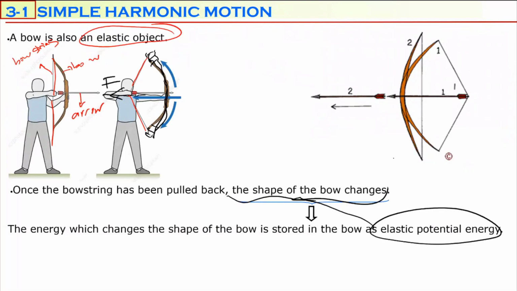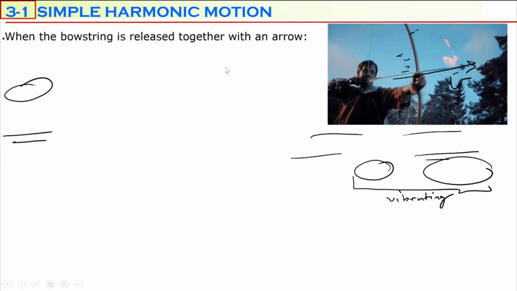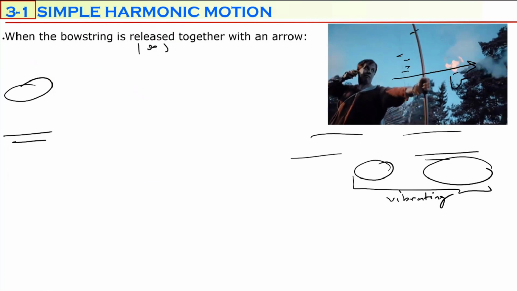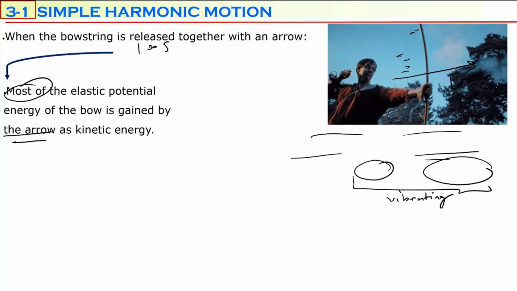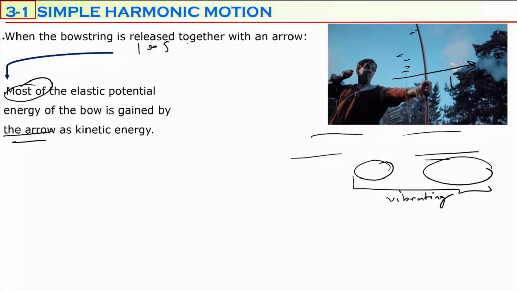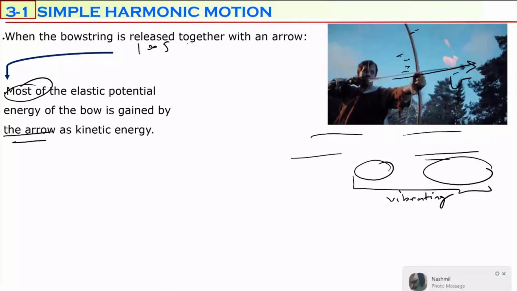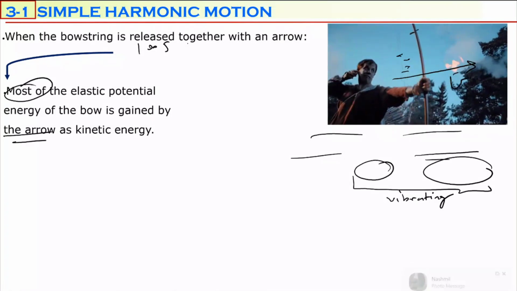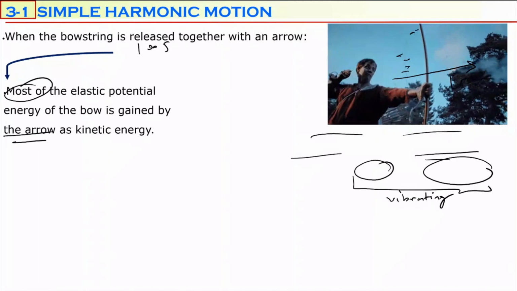However, when you pull the bowstring and change the shape of the bow, assume that you stored an elastic potential energy of 100 joules, just a random number I am writing. So this elastic potential energy stored in the bow, yani this 100 joule, will be shared by arrow, bowstring, and bow, but most of it will be converted to the kinetic energy of the arrow.